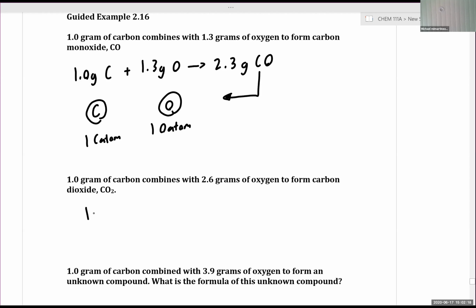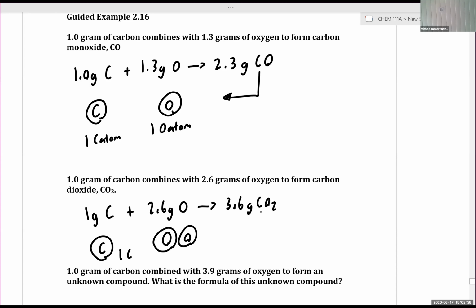In the second case, we have 1 gram of carbon reacting with 2.6 grams of oxygen to yield 3.6 grams of carbon dioxide. In this case, we have 1 carbon atom, and for oxygen, from our formula, we have 2 oxygen atoms.